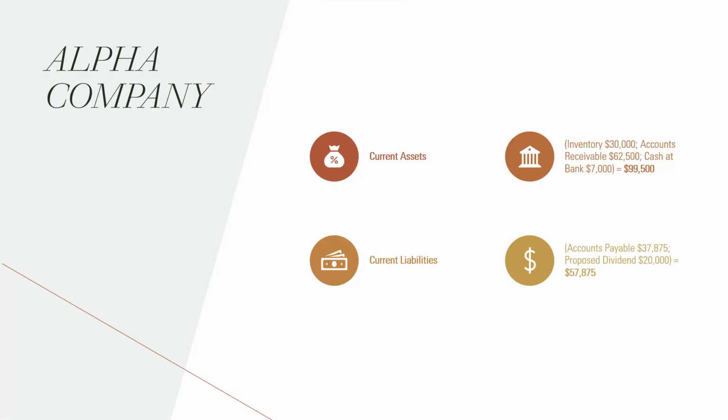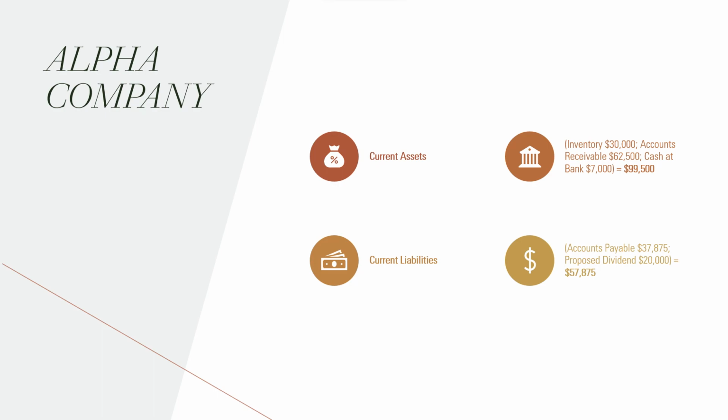In order to calculate the current ratio and the quick assets ratio, we will use the following numbers from the accounts of Alpha Company. As you can see, the inventory is $30,000, accounts receivable are $62,500, while cash at bank is $7,000. The sum total of these current assets is $99,500.